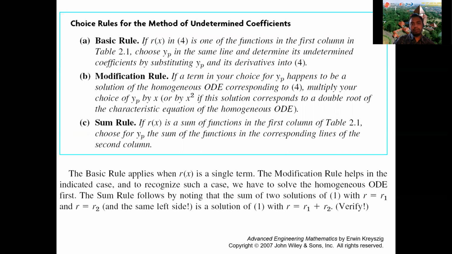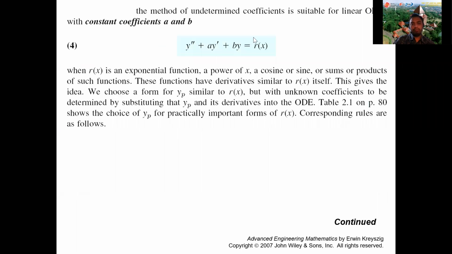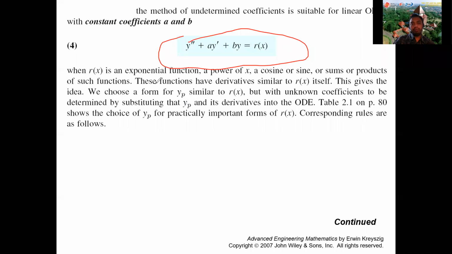So if we have a constant coefficient ODE in this form, you have three rules regarding the solutions. First, you want to determine, remember, y equals yh plus yp.